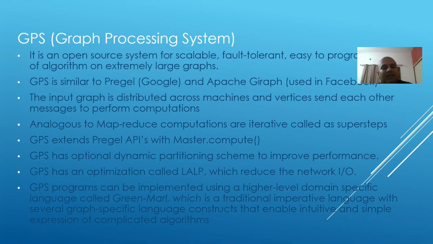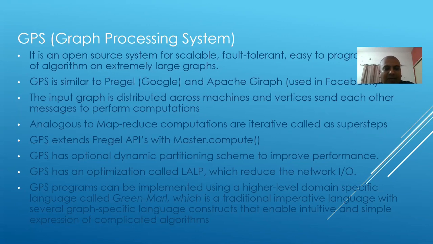At each vertex, there is a method which can be implemented, vertex.compute, like in Pregel. GPS in turn extends Pregel's API with master.compute to do some computation at the global level. GPS has an optional dynamic partitioning scheme to improve the performance.